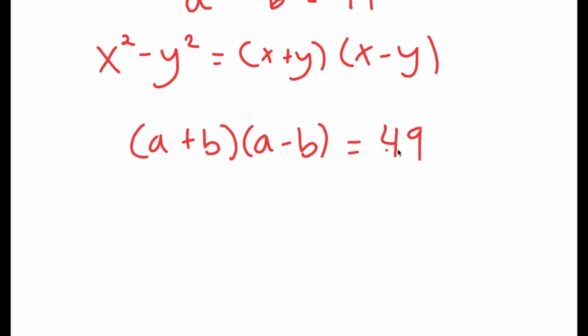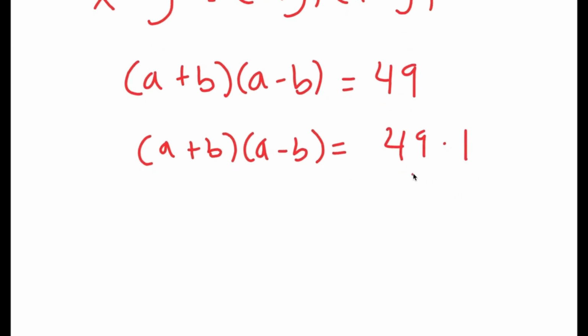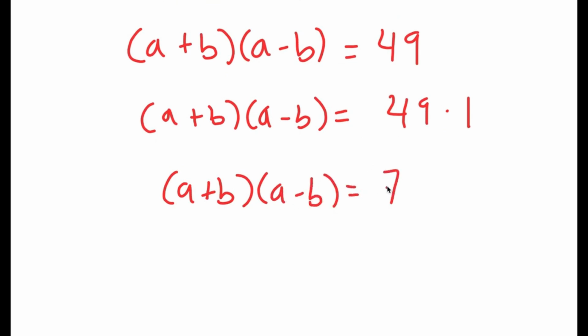Now from here, I can rewrite 49 as 49 times 1. 49 is equal to 49 times 1, so that's true. And this I can rewrite as 7 times 7.